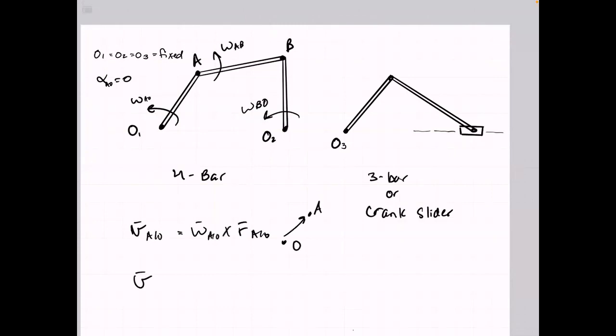If I wanted a velocity vector that was O with respect to A, I would use the same angular velocity and cross it with a direction vector that is in the other direction. This is now A with respect to O.